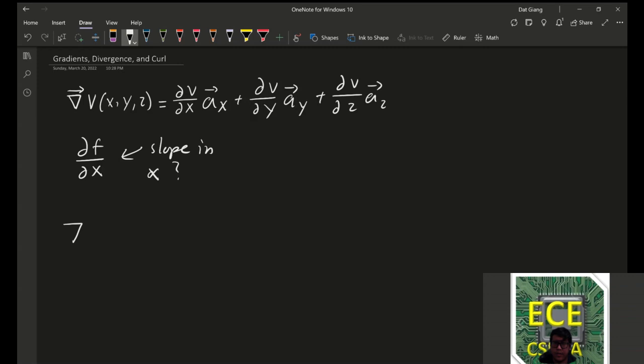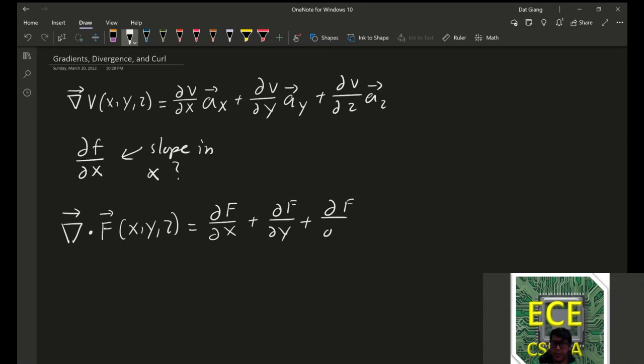So divergence is similarly defined, except it is acting on two vectors. So we have a vector given by the Nabla operator and some vector field f, which is also dependent on x, y, and z. This, as it's a dot product, gives us a scalar result given by the following: del f del x plus del f del y plus del f del z.